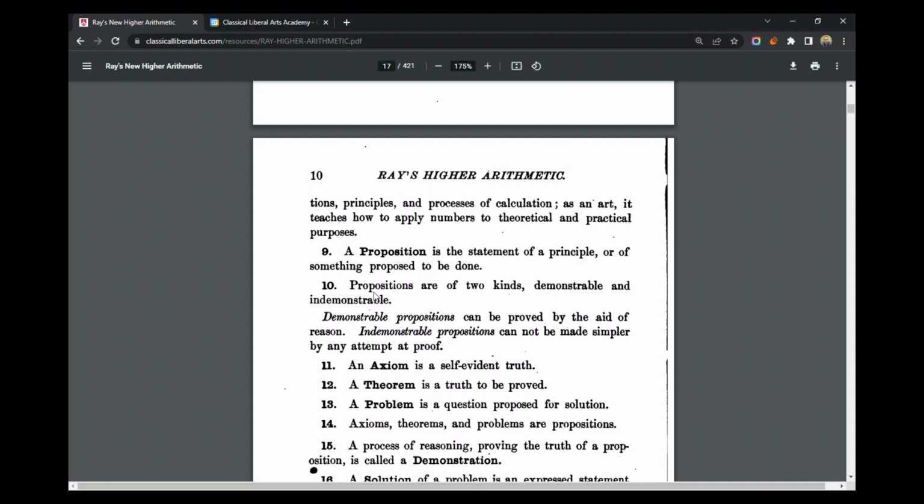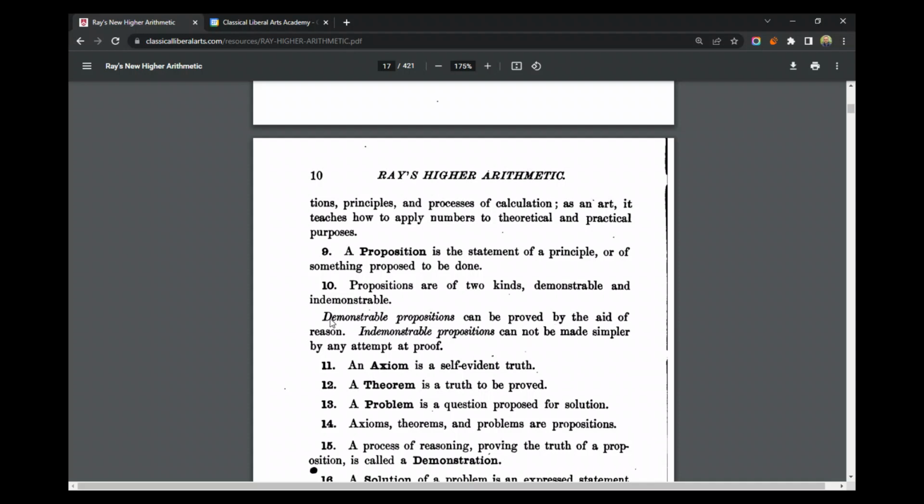Article 10. Propositions are of two kinds: demonstrable propositions and indemonstrable propositions. And here we learn what they are. Demonstrable propositions can be proved.